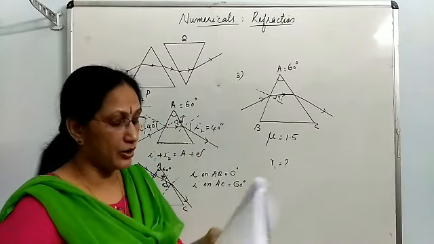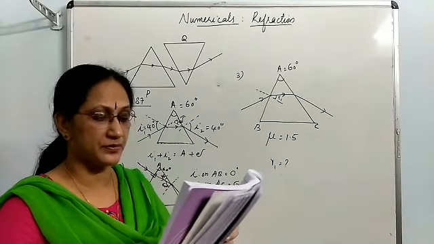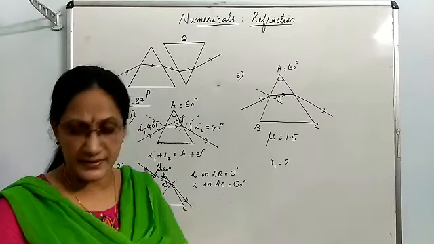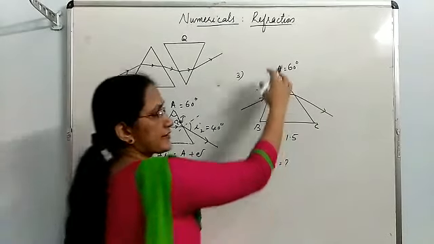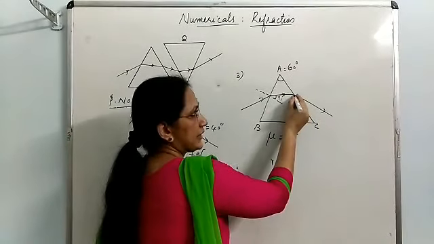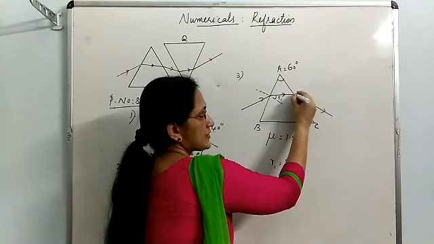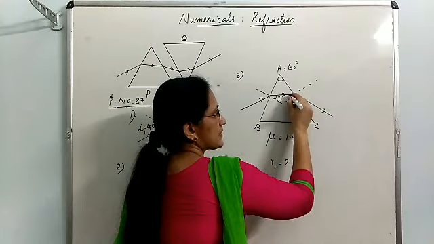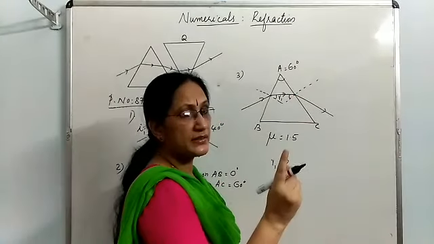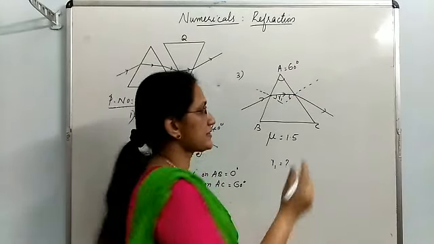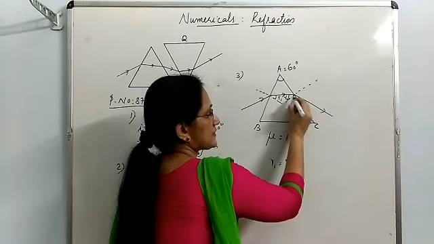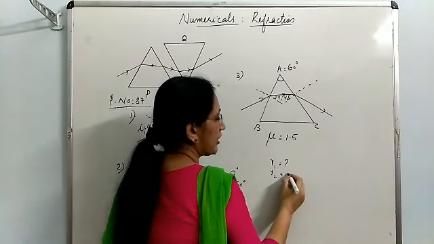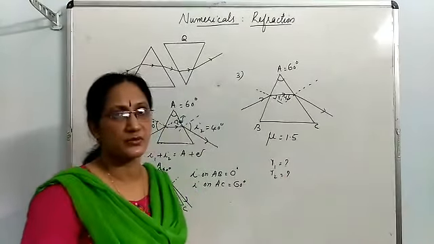What is the angle of refraction on the first surface and angle of incidence at the second surface? AC is the second surface. There the angle of incidence, this is how to draw it. Draw the normal. This is the angle of incidence for the face AC. R2 is the symbol. So R1 and R2 you are asked to find out in this question.